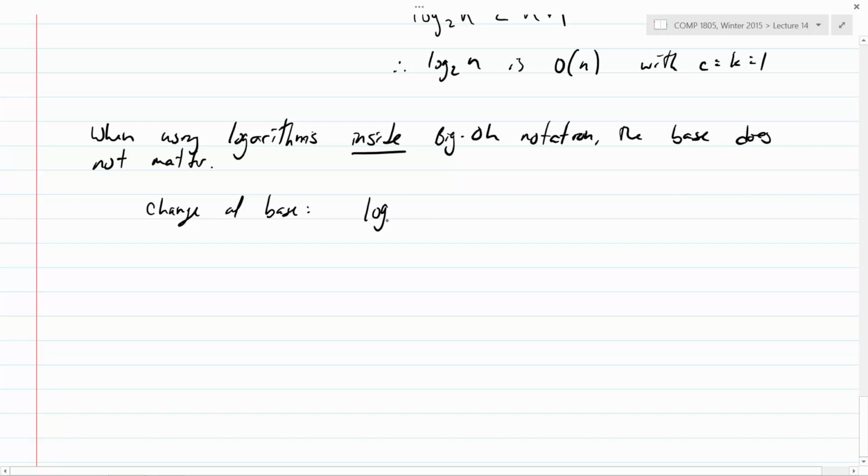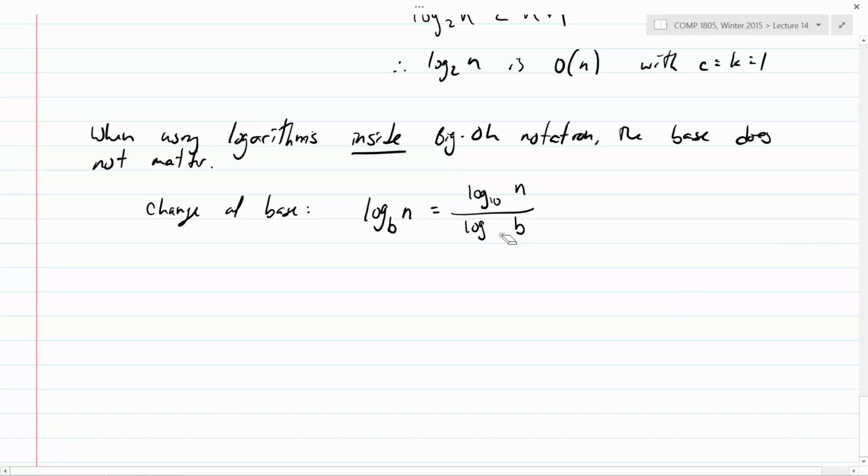If I have log base b of n, that's exactly the same as log base, let's say 10, of n, over log base 10 of b. So log base b of n is just 1 over log base 10 of b times log base 10 of n. So they only differ by a constant.